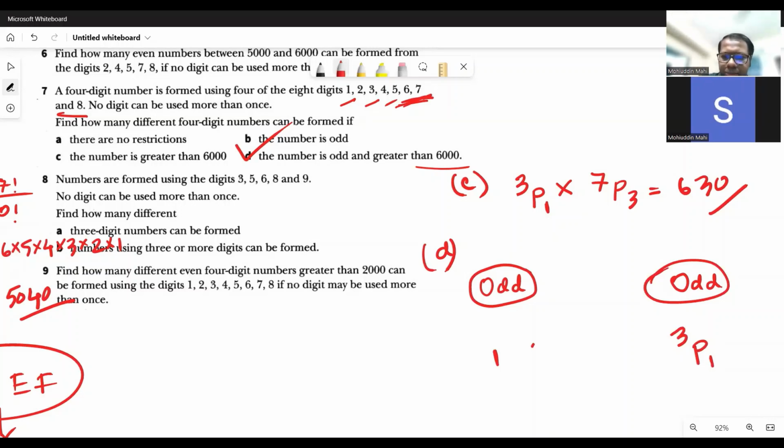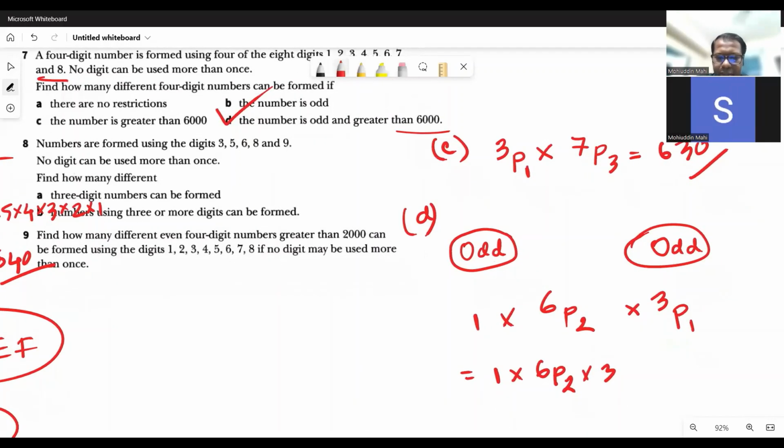So we are left with 2 positions, and we have 6 digits. From those digits, we can pick 2. We can do it in 6p2 ways. So the answer is 1 into 6p2 into 3. 3p1 means 3. It's not the complete answer. It's the answer considering the first digit as odd and the last digit as odd.